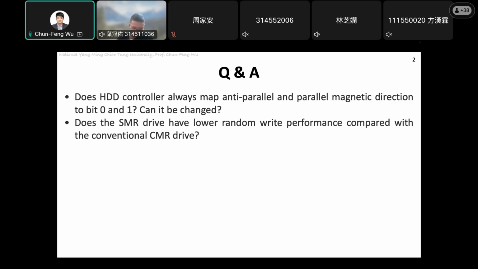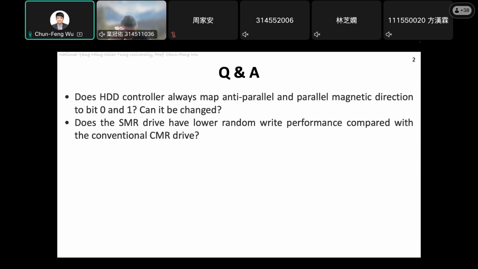I mean, just once before the boot, we need to decide the mapping between the bit and the physics. Okay. And the second question is, does the SMR drive have lower random write performance compared with the conventional CMR drive? The answer is probably yes, but it depends.